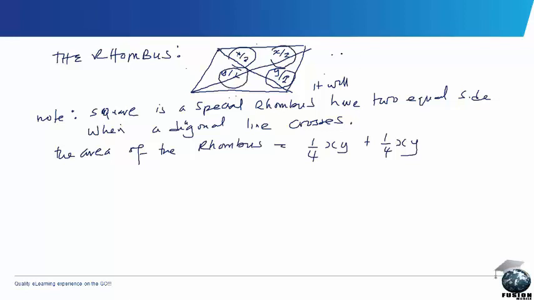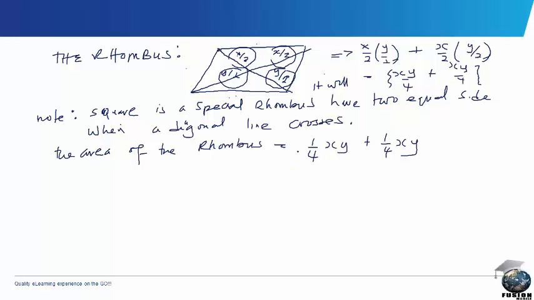When you do that, you have x/2 times y/2, and then add the other x/2 times y/2, which will give you xy/4 plus xy/4. That was just what we did to obtain the area of a rhombus as this.